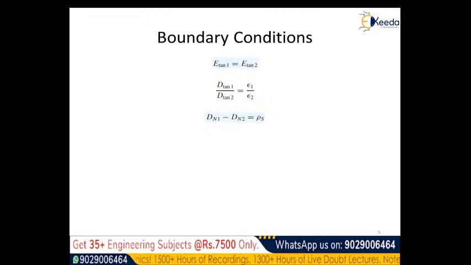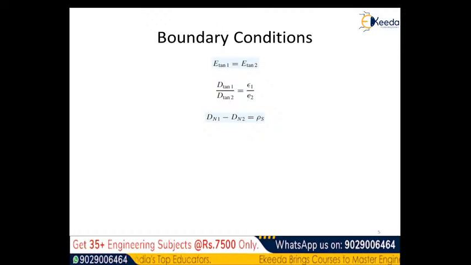Next we have Dn1 minus Dn2 is equal to rho s. If the boundary that separates the two perfect dielectrics possesses some charge on the boundary surface, there will be a surface charge density denoted by rho s.